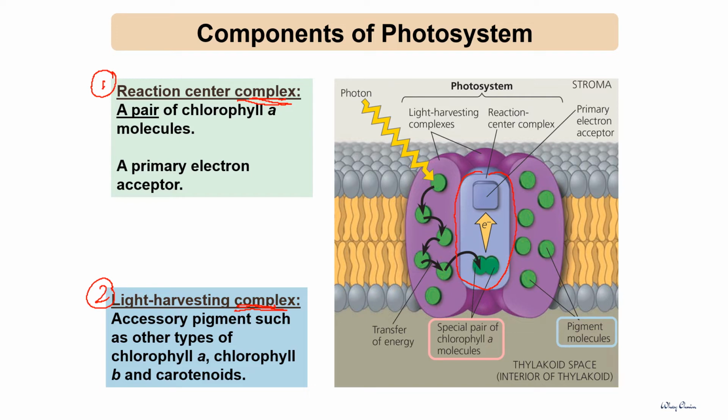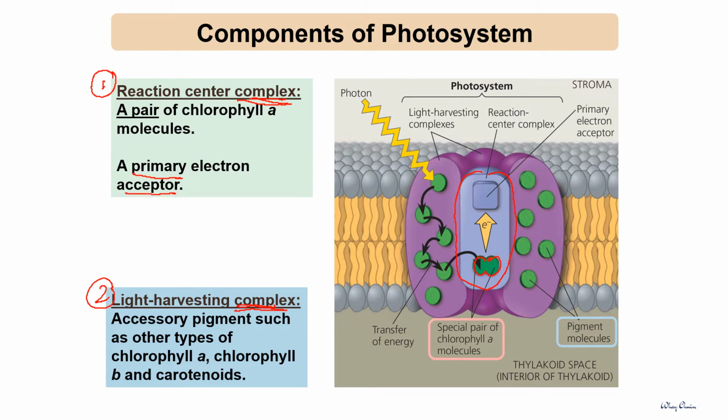The reaction center complex usually consists of a pair of chlorophyll A, which is the primary pigment.